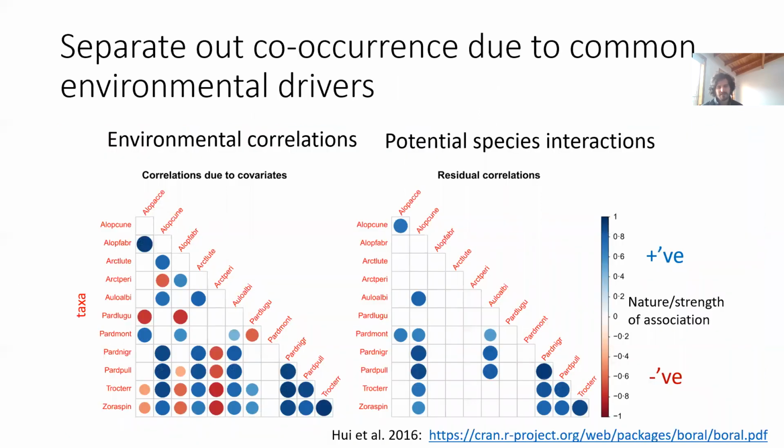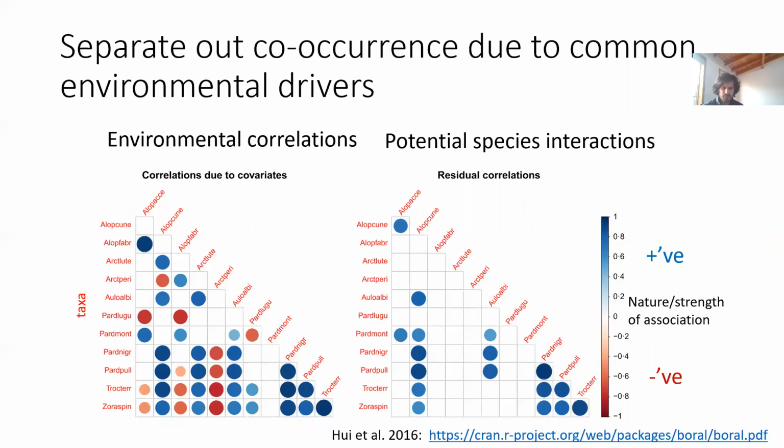So to understand this in a bit more detail, we need to be able to separate co-occurrence that's due to shared environmental preferences from potential species interactions. There are a number of different approaches that you can use to do this, but here we're looking at approaches that can accommodate abundance or biomass data rather than just presence and absence data.